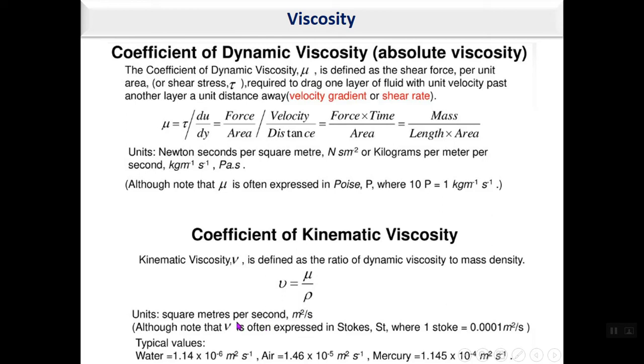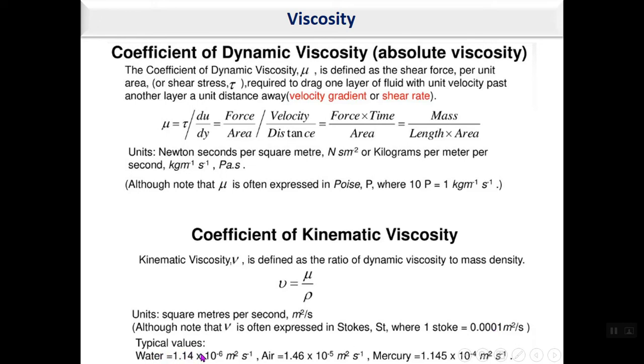But again, like absolute viscosity, where poise or centipoise is generally used, because the viscosity of the fluids is low, it's better to express them as centipoise or even centistoke. Stoke is another unit for the kinematic viscosity, where 1 stoke is 0.301 meter squared per second.